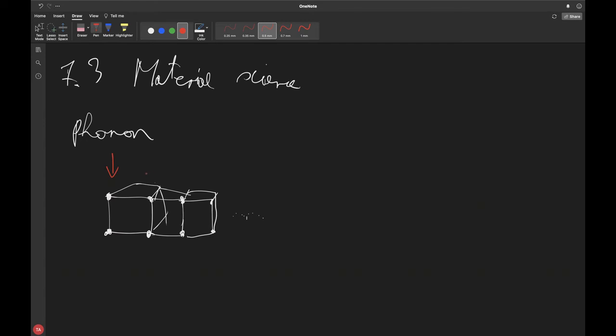So this vibration will push this atom down, but then this atom will move up and will push this down, and then this will move up. So there is going to be an up and down movement, which essentially means there is going to be a wave created by the atoms moving down and up and rearranging themselves to the original position.